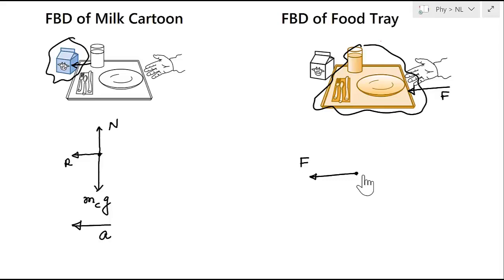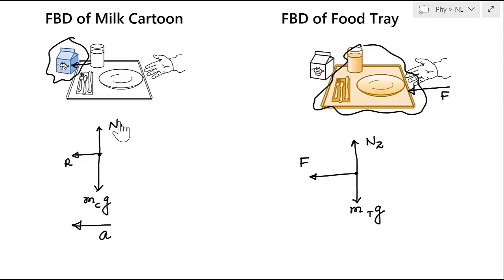In the vertical direction, weight is acting, that is the mass of the tray times g, and you will have normal reactions. Let's call this normal reaction N2 and this one N1, because these two normal reactions will not be the same, they will be different. Is any other force missing in this free body diagram?